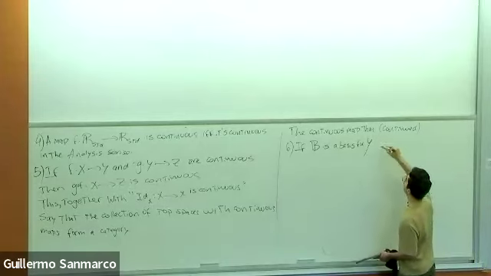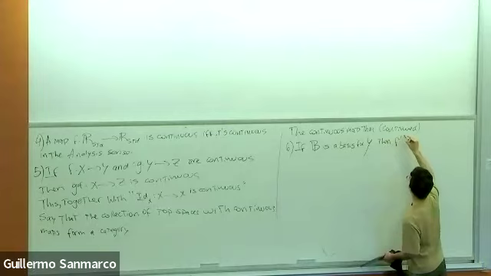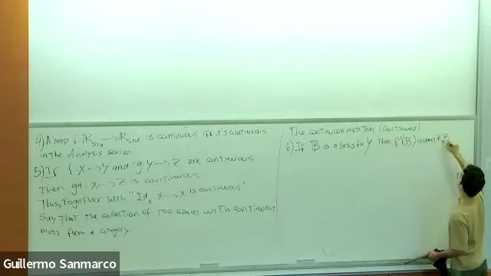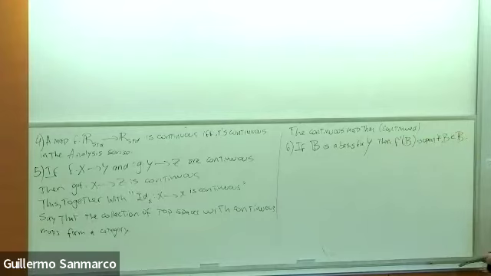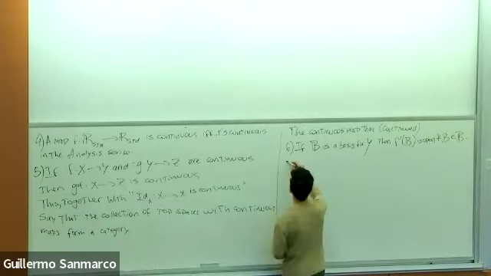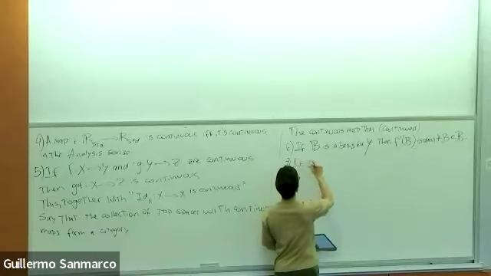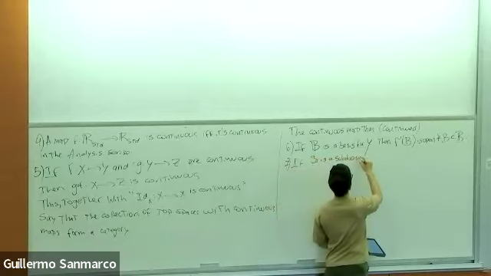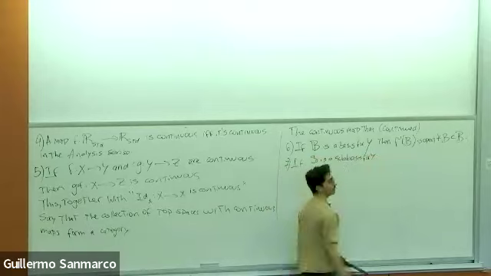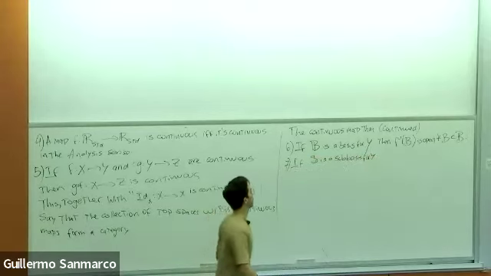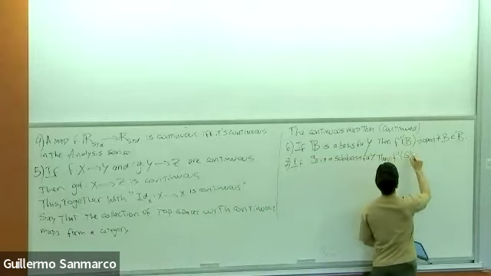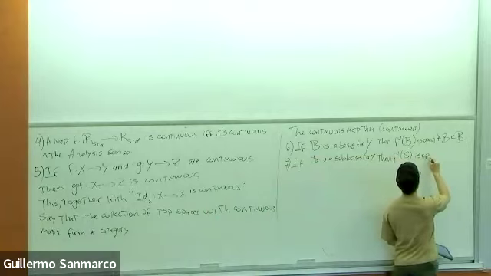So if B is a basis for Y, then the preimage of B under F is open for any B in the basis. So I don't need to show the preimage of any open set is open. It's enough to verify that for basic sets once you have a basis. And 7 is the same with a subbasis for Y. What I mean by this is the topology that's imposed on Y. Then the preimage of each subbasic set is open.